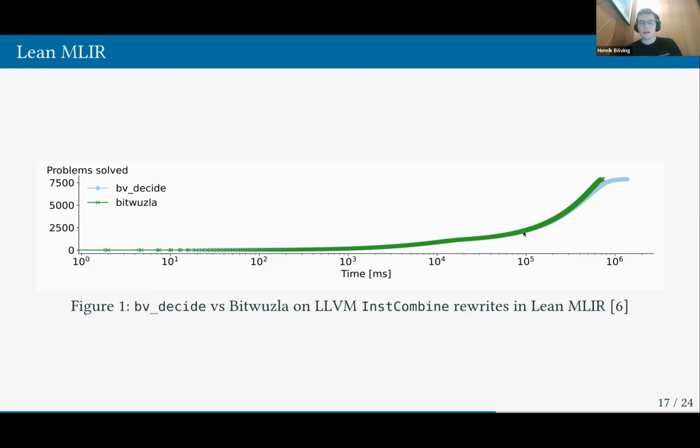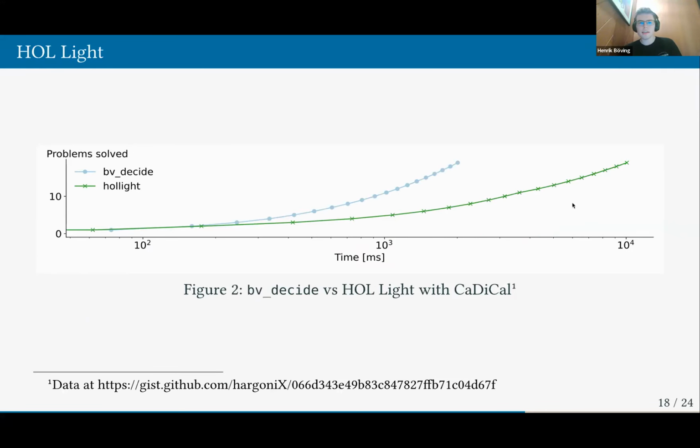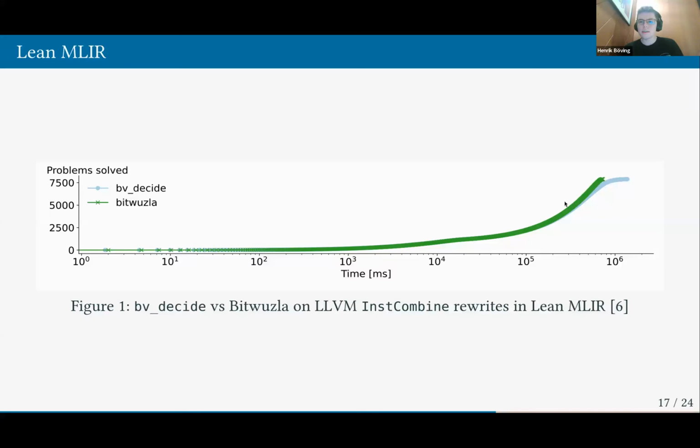Right. And as we can see, apart from a few outliers towards the end, Bitwuzla is performing basically just a small bit faster than BVDecide, which is a pretty good result because, as previously mentioned, it's our upper bound.